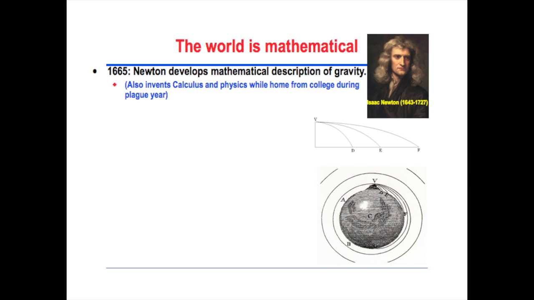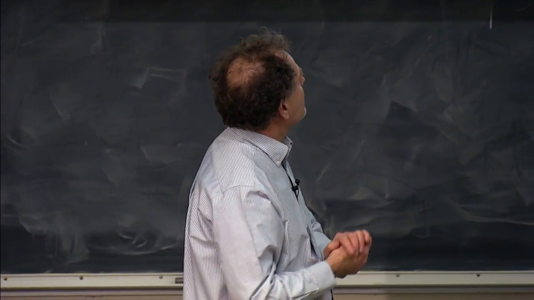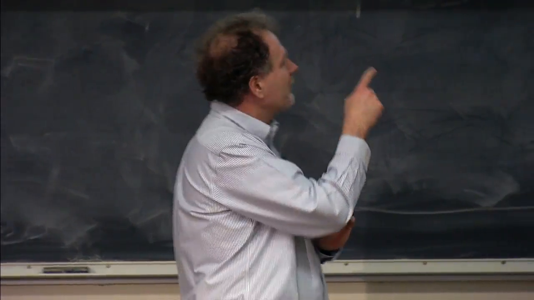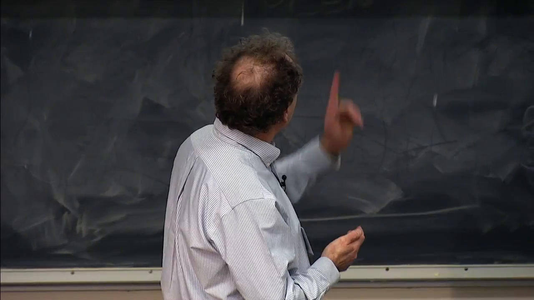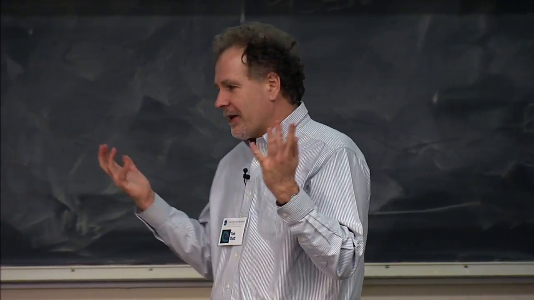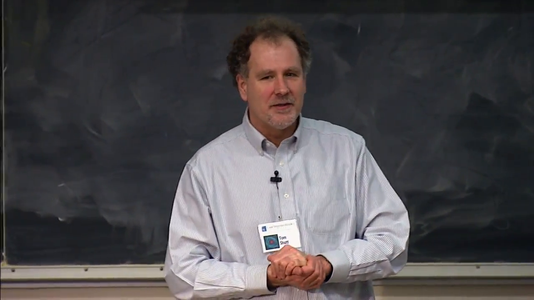You throw a ball, it lands, and if you throw a ball harder, it goes further. And then he's like, well, if you throw it hard enough, and you think about the whole Earth, there's some perfect velocity where it'll just keep orbiting. And then he derived the laws of motion.